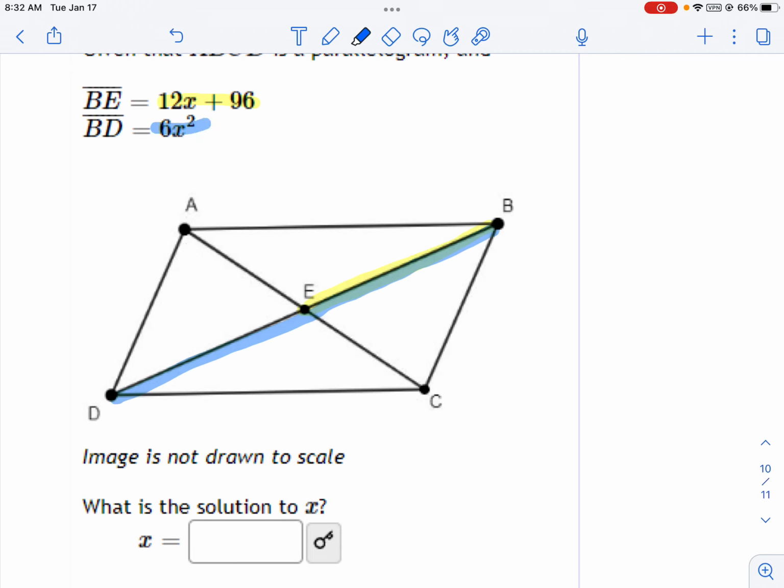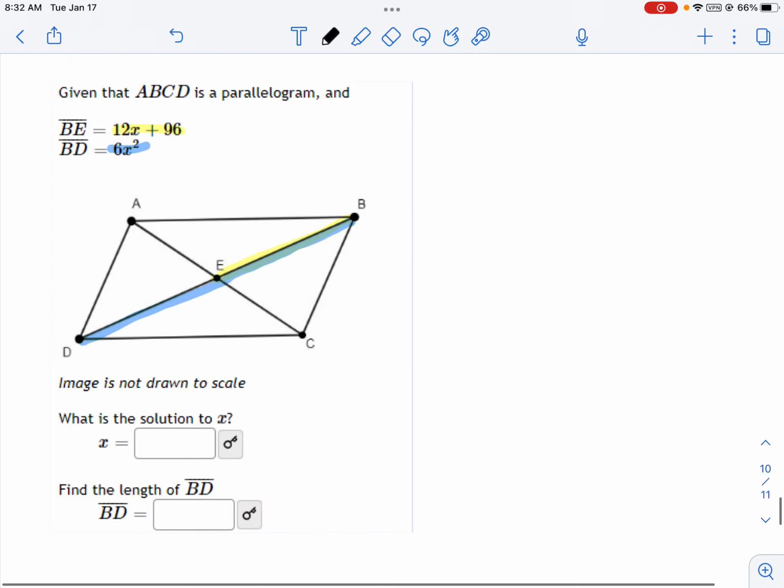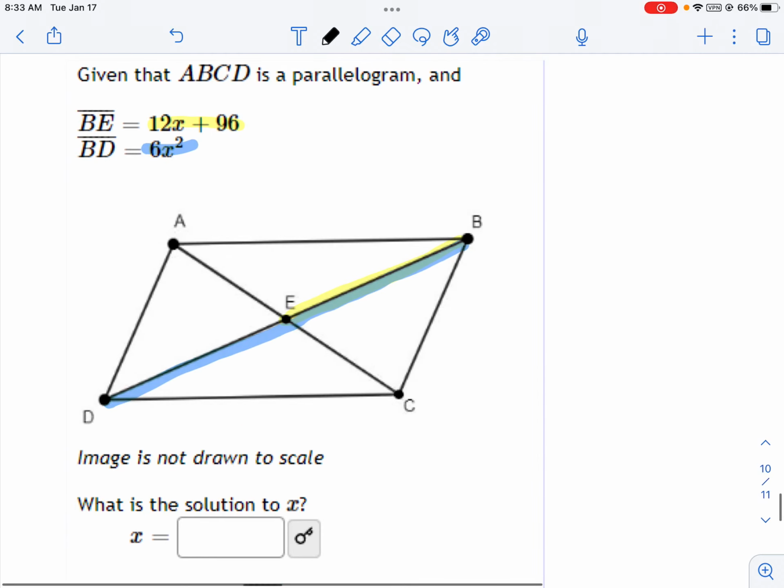6x squared. So your first question, with anything geometry related, is always: what's the relationship? How do BE and BD relate to each other? Well, there's a particular property of parallelograms: when the two diagonals meet at this point E, we call that the midpoint.